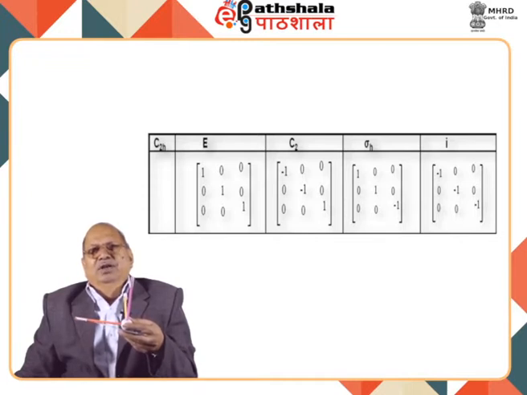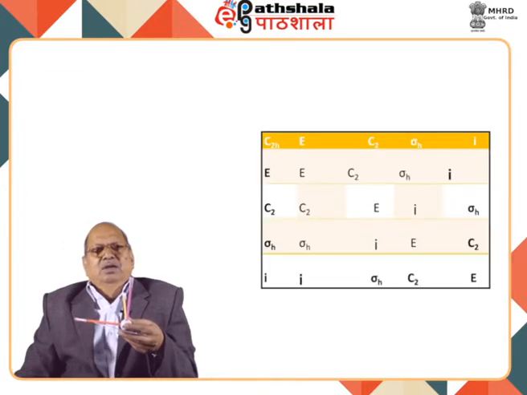And for I, minus 1, 0, 0, 0, minus 1, 0, 0, 0, minus 1. Let us now construct the group multiplication table of C2H point group using the corresponding matrix for symmetry operations. The group multiplication table for C2H in terms of product of symmetry operations is given in table 2 over here, which gives the various entries under E, C2, sigma h and I.